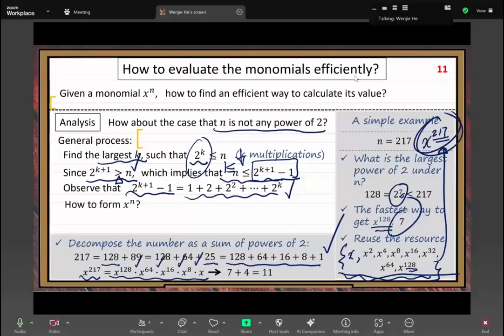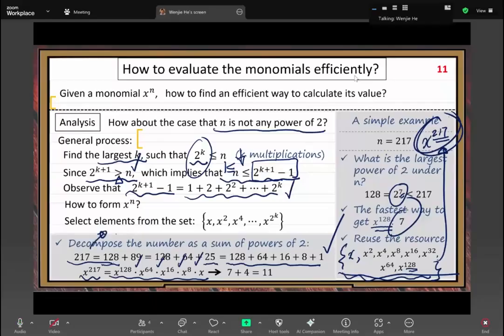How to form x to the n? Select elements from your resource pool, based on the decomposition. But this decomposition is closely related to the binary representation of n. Some of you could recognize what we are doing here.